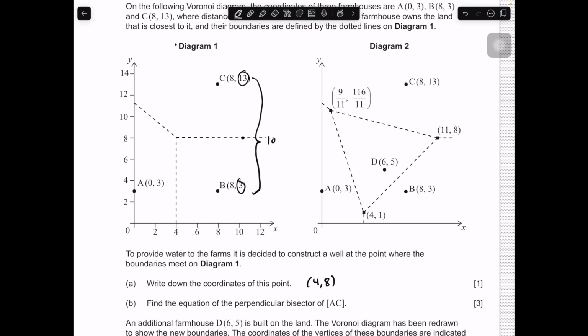This right here is going to have an x value in this case, I guess of 10, since we're just above here, but a y value of 8. And same here, this point is going to be halfway between as well. So between 0 and 8 is going to be the value of 4. And so if we put that together, the x value of 4 and a y value of 8.